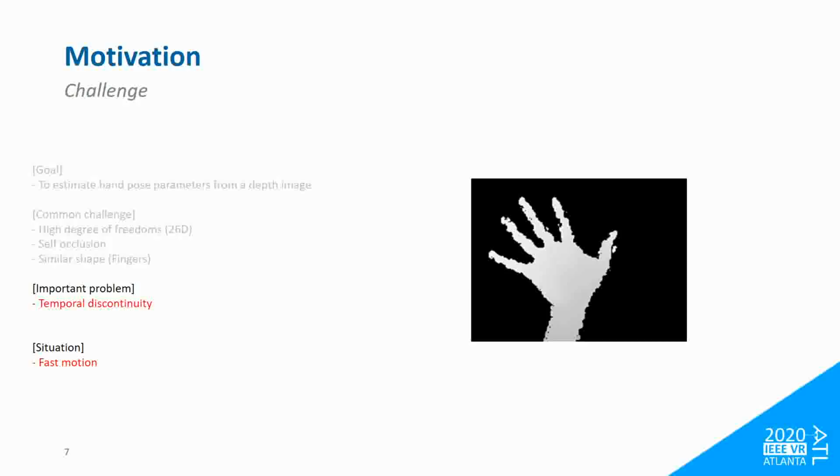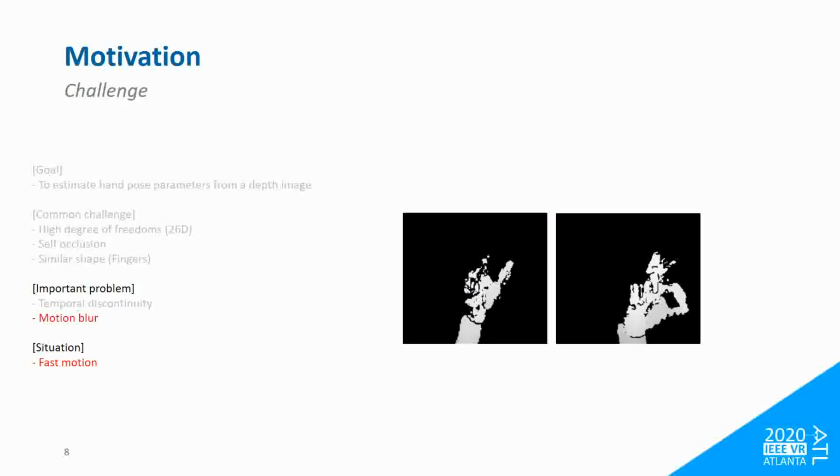Actually, some existing methods have already addressed temporal discontinuity caused by fast hand motion. However, when you capture a single image during fast rotation, the depth image is severely contaminated by motion blur. Given the contaminated image, most existing methods are likely to fail to track the hand, which gives wrong interaction in AR/VR.